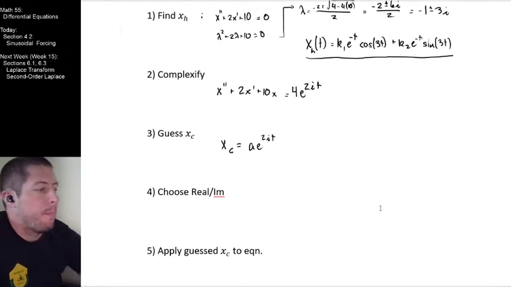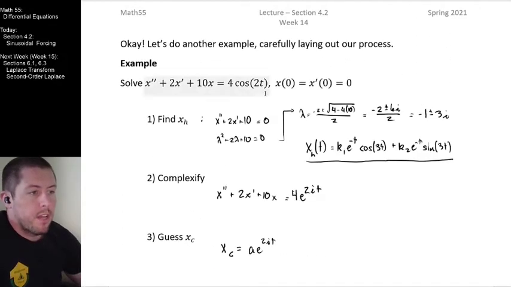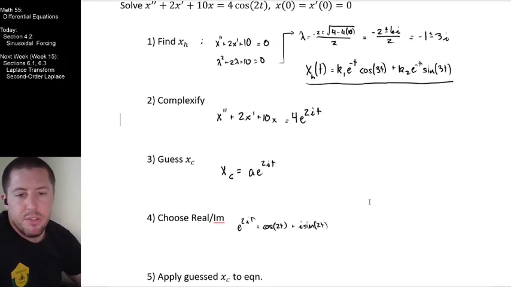We need to know what components we're going to want right here. I know that my e to the 2it is really my cosine of 2t plus i sine of 2t. And we clearly started this problem with a cosine of 2t being what we actually had before we complexified and introduced new terms.